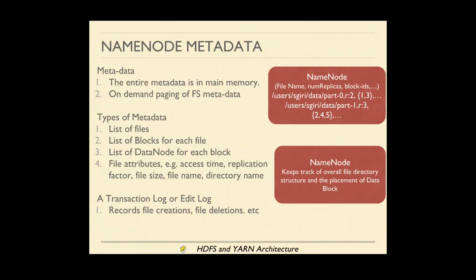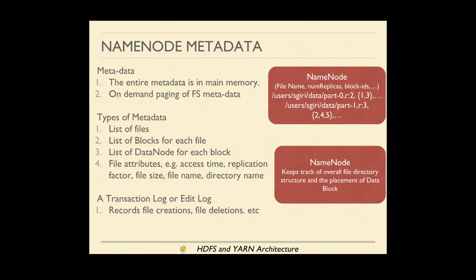So again, a quick recap of what is name node metadata. The entire metadata, as I have told you, is maintained in the memory. And what does it contain? It contains the file name, the number of replicas, the block IDs.